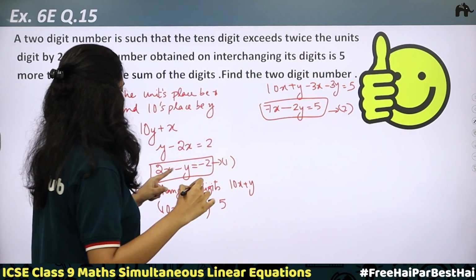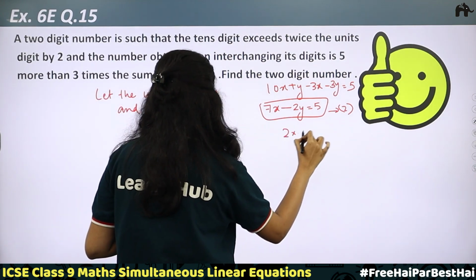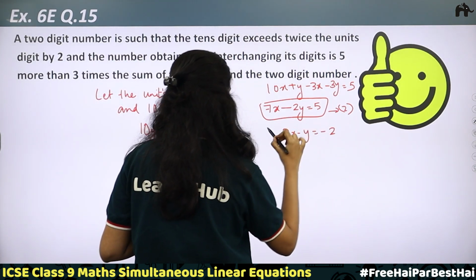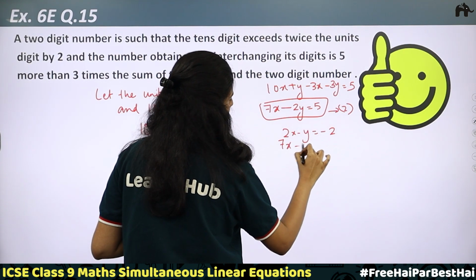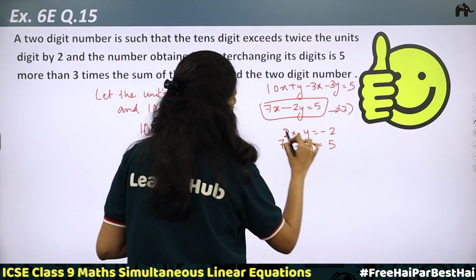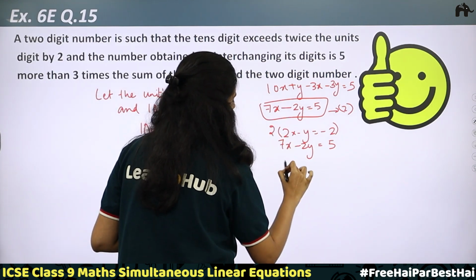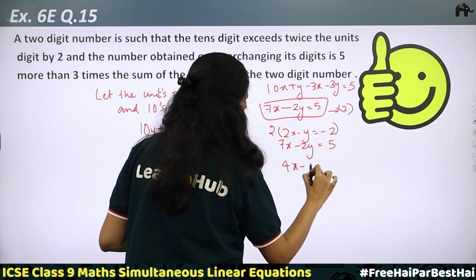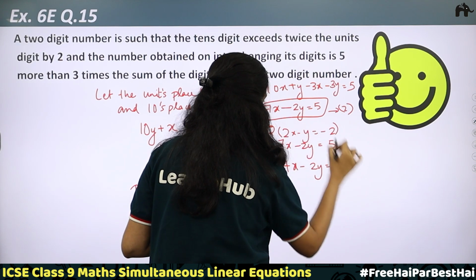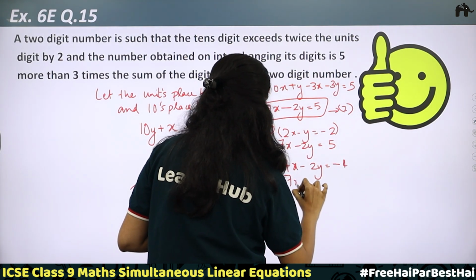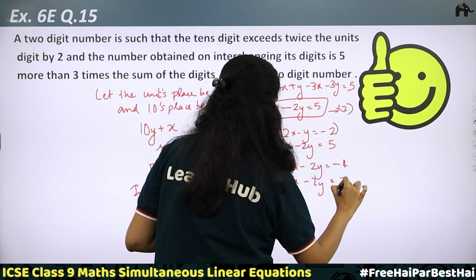Okay. So first equation is 2x minus y is equal to minus 2. Second equation, 7x minus 2y is equal to 5. So we are going to multiply throughout the first equation with 2. Then we get 4x minus 2y is equal to minus 4. 7x minus 2y is equal to 5.